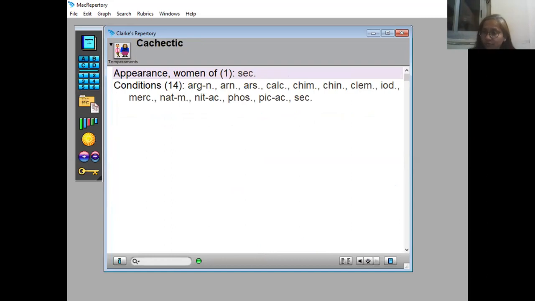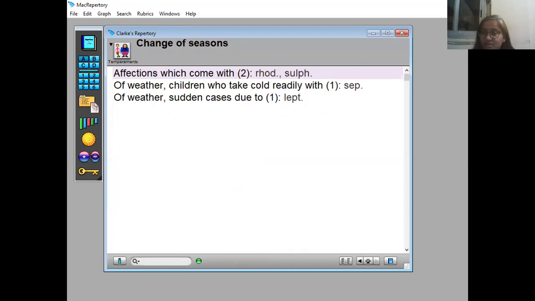Cachectic appearance of women, very particular, of women, Secale cornutum. Changes of season, affections which come with: if someone complains of sneezing, allergy, skin trouble, stomach problem, any digestive issue, if that comes with change in the season, use this rubric.